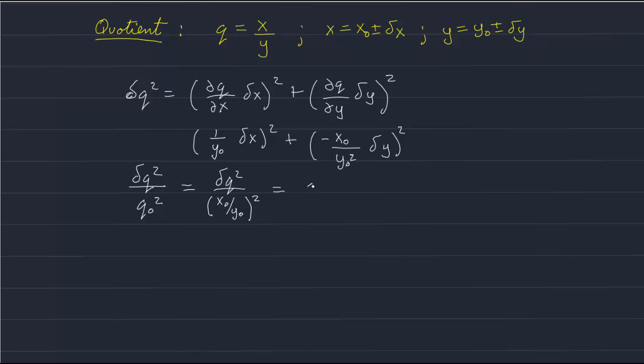So the first term becomes delta x squared all over x naught squared. The two y naught squareds cancel for that term, and the second term becomes delta y squared all over y naught squared.